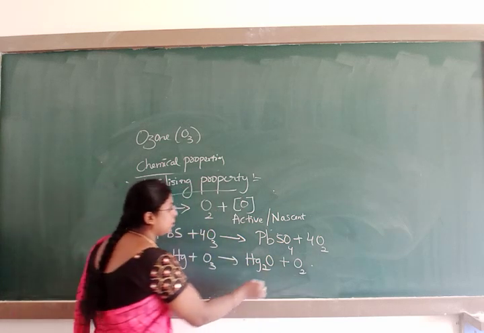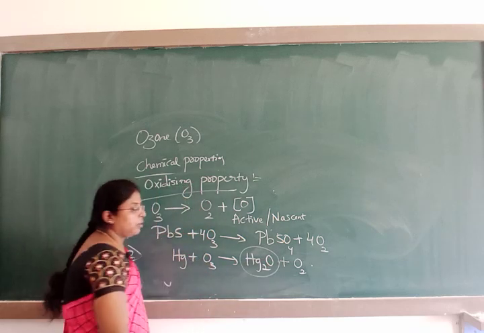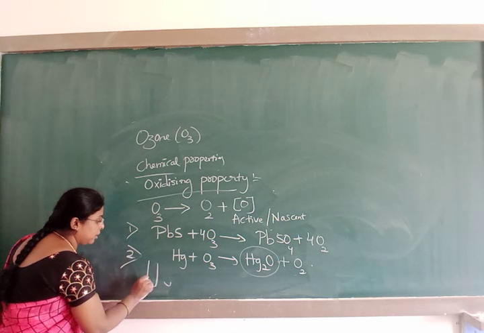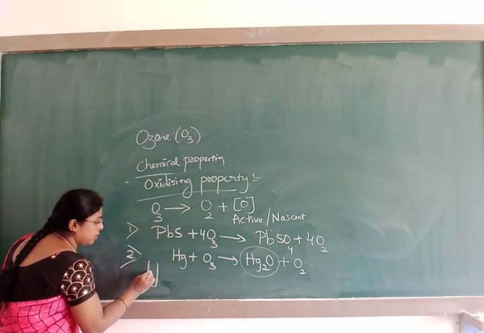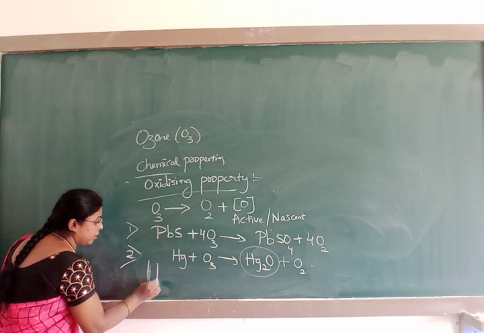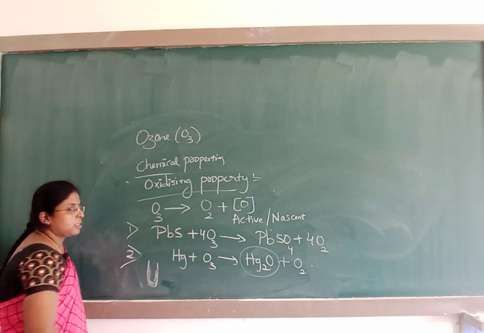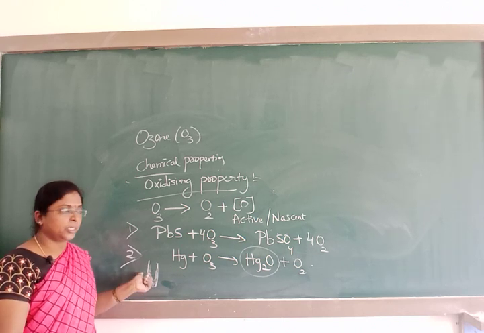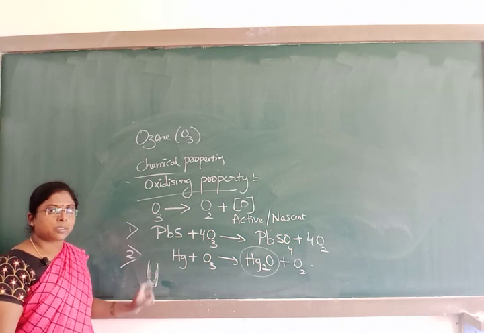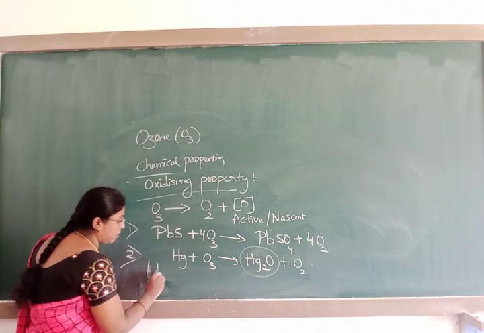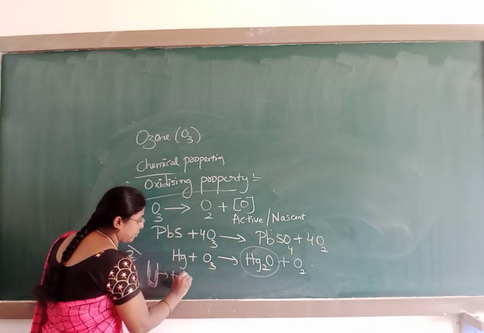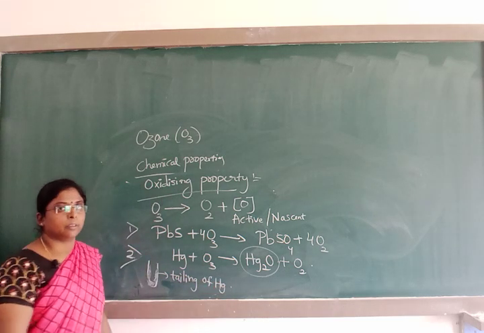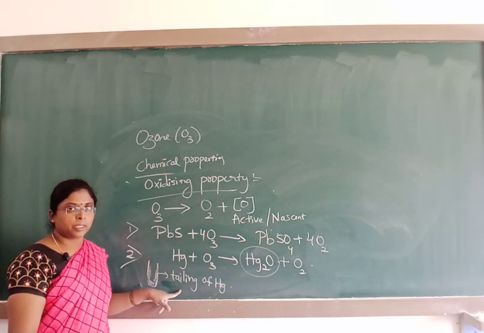During the formation of this mercurous oxide, the mercury loses its meniscus and the mercurous oxide starts sticking to the sides of the test tube. This property we call tailing of mercury.